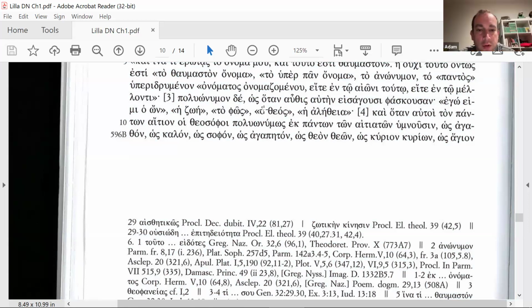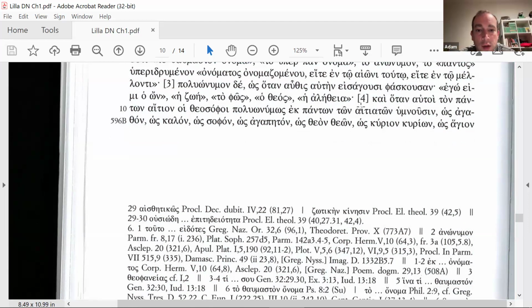Poluonomon de hos hatan autos auten isagusi pascusan ego emi haon his doe topos hoteos he alitea.